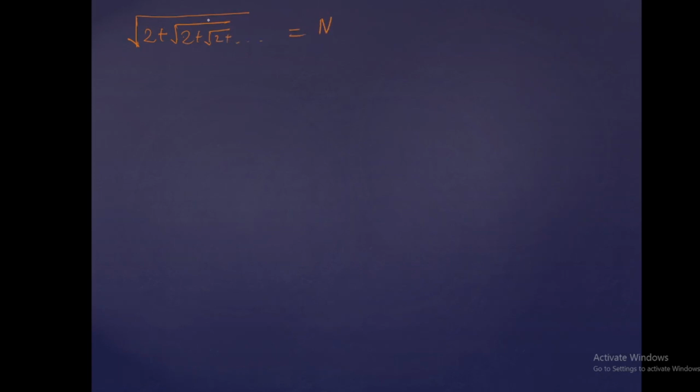Say we have this number to be n. So on squaring it, what do we get? We get this thing, and here we have n square. Since this is going to infinity, taking the 1 2 from outside will not change the value, right? So it will be also n only.